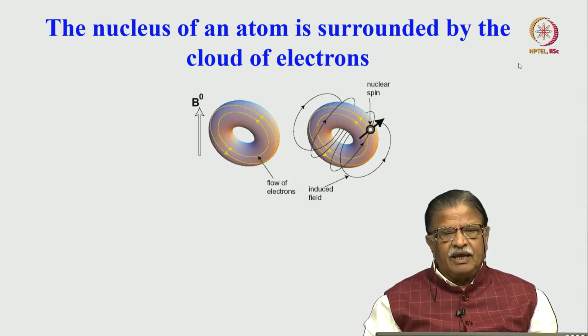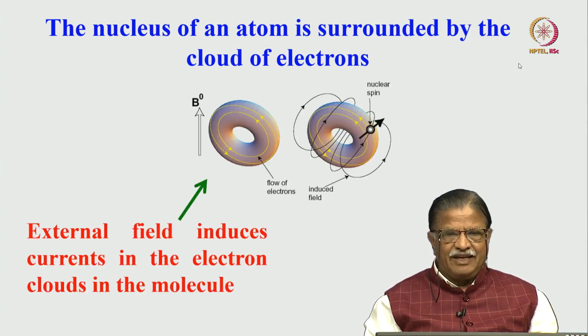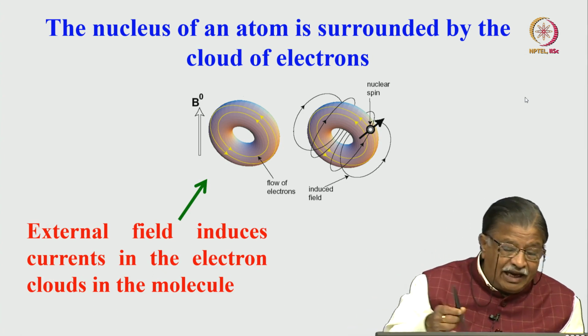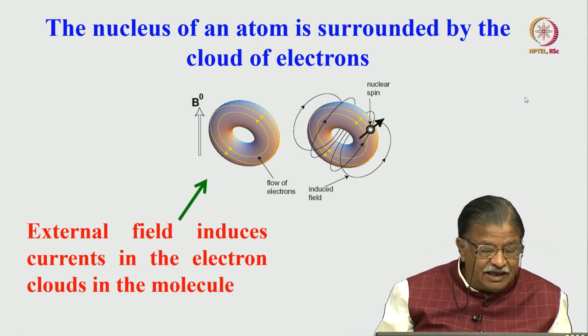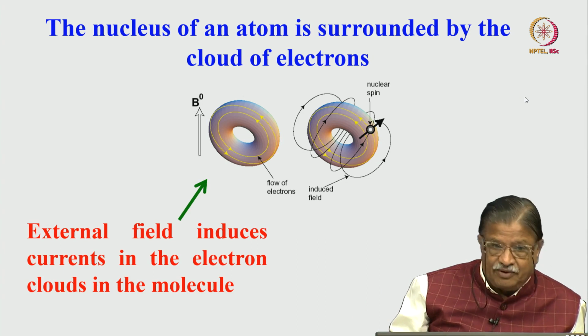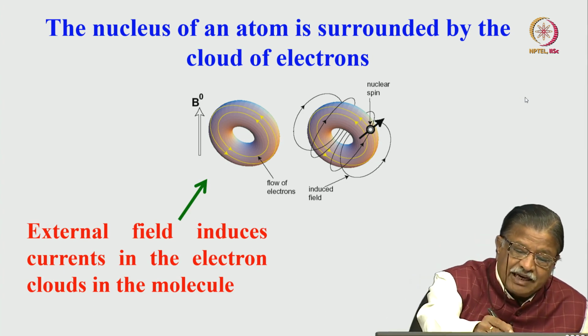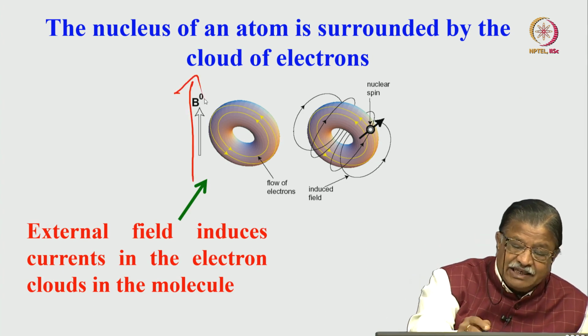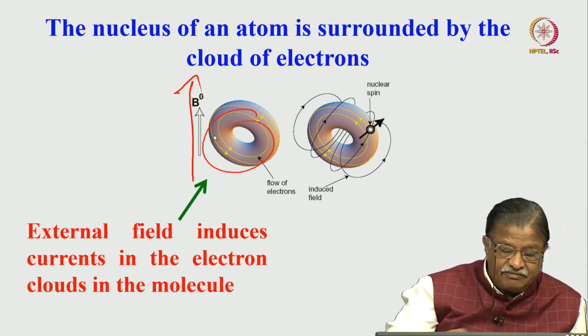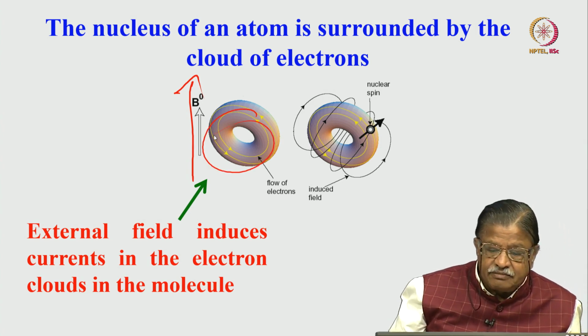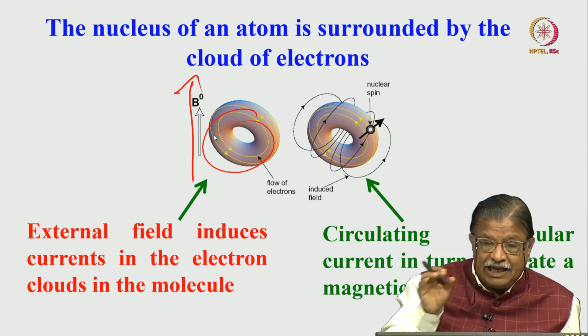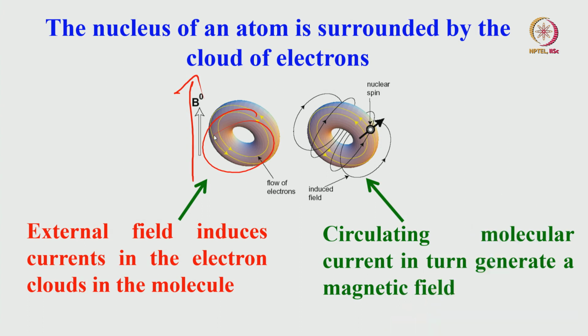The external field induces currents in the electron clouds in the molecule. You put this in the external magnetic field like this, the external magnetic field induces currents in the electron clouds, and this circulating molecular current in turn generates a magnetic field.